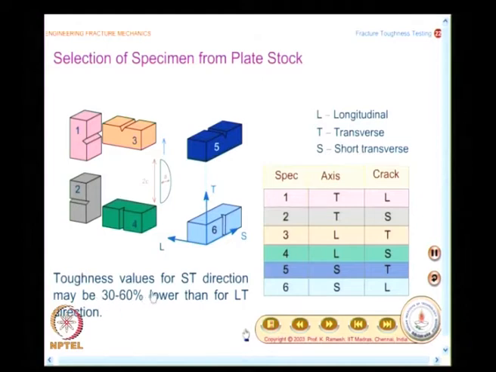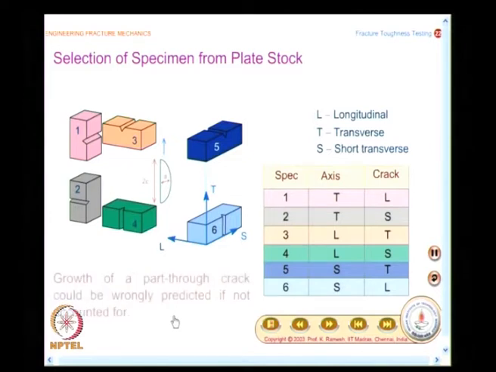The toughness values for the ST direction may be 30 to 60% lower than for the LT direction. What is the consequence? The consequence is that growth of a through crack could be wrongly predicted if not accounted for. This we had seen even in the leak before break criterion.